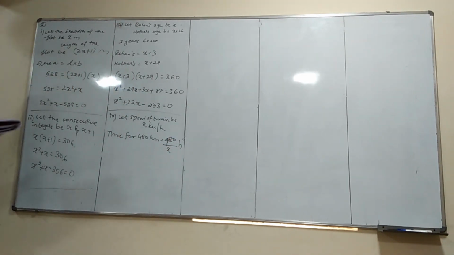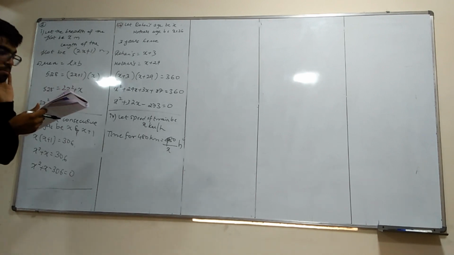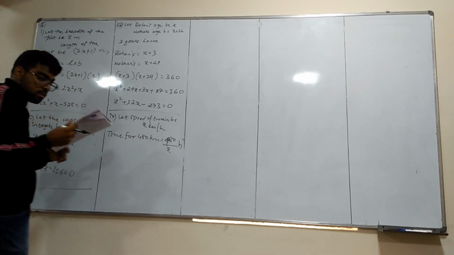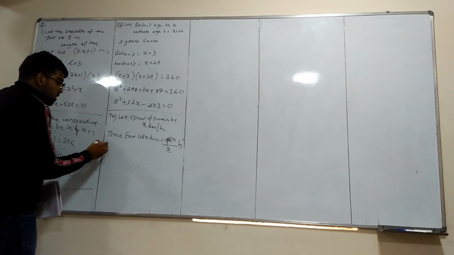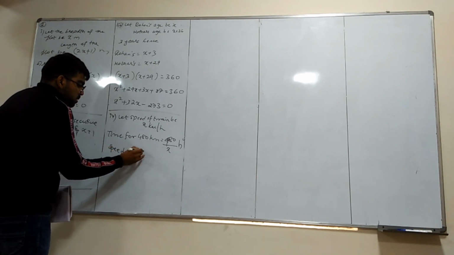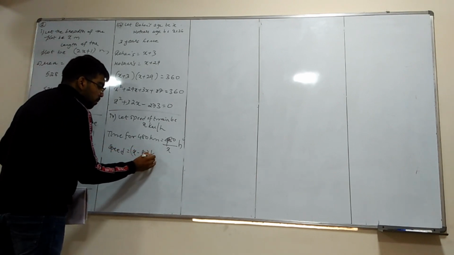There is one more condition. 8 km per hour less. That means the speed of the train in the second case will be x minus 8 km per hour.